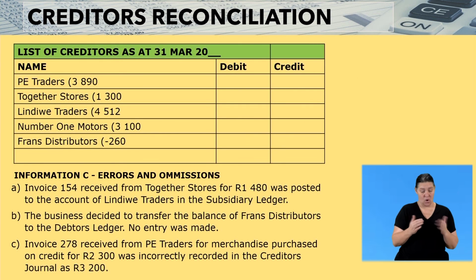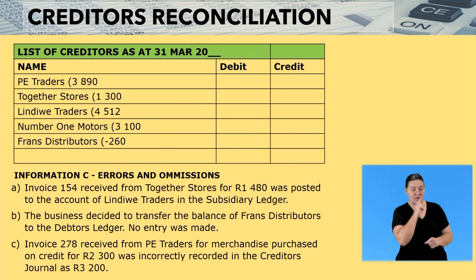We will now do the creditors list. A, an invoice 154. So I'm using the very same transactions as we used earlier on. An invoice 154 received from Together Stores for 1,480 was posted to the account of Lindway Traders in the subsidiary ledger.